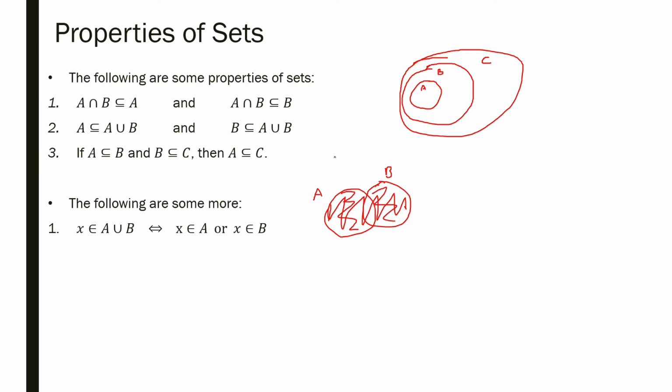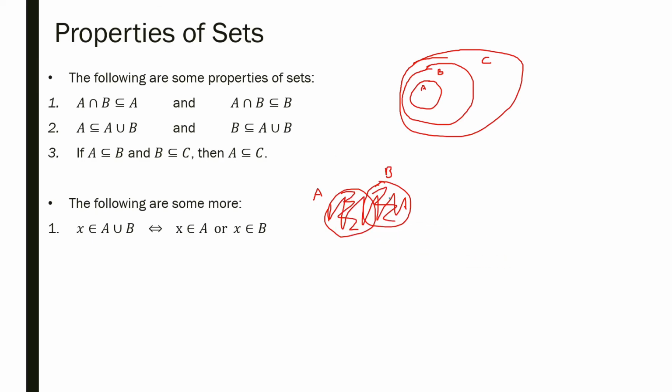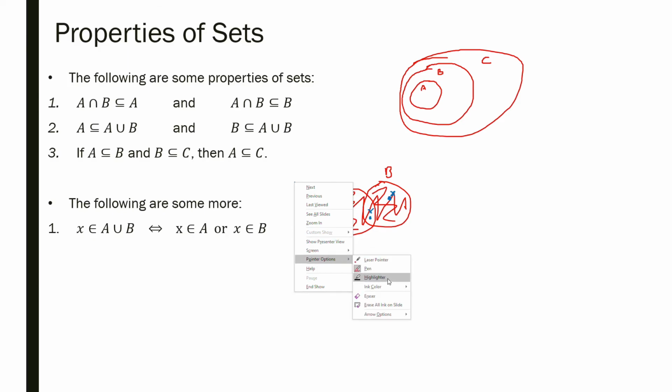I'm picking a different color. If X is, say, right here, then is X in A or is X in B? Yeah, in this example, X is in B. X could have been over here, in which case X would be in A, or maybe X is in here, where it's in both. In any case, X is in A or X is in B.